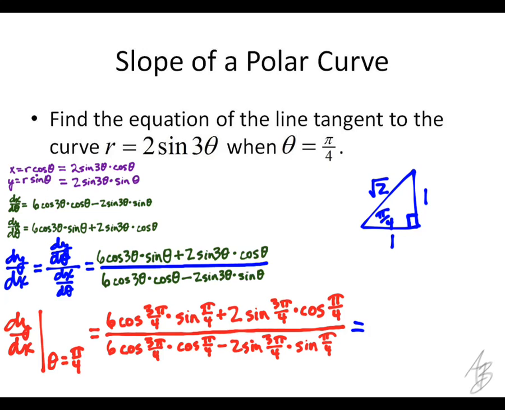So we have 6 times negative 1 over the square root of 2, that's the cosine of 3 pi over 4, times the sine of pi over 4, which is 1 over the square root of 2, plus 2 times, what's the sine of 3 pi over 4? 1 over the square root of 2, and then times the cosine of pi over 4, which again is 1 over the square root of 2.